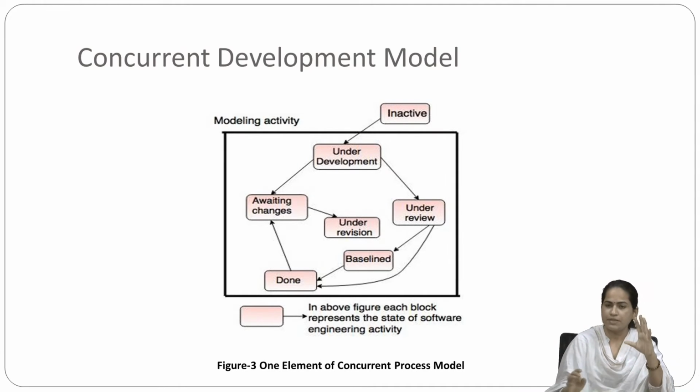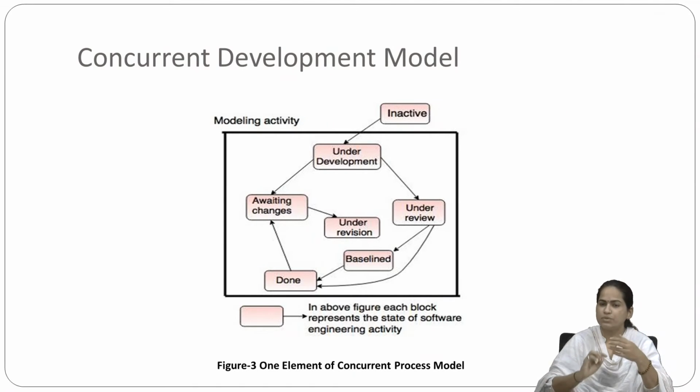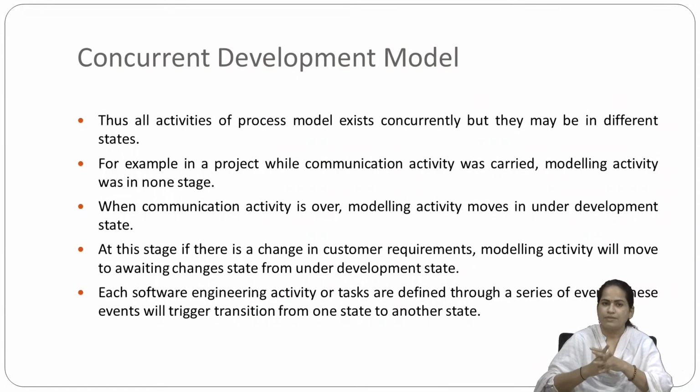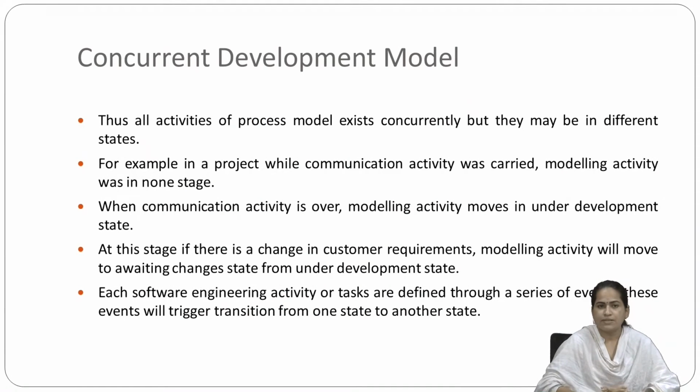This is a sample given to you for understanding how you can have different activities which are divided into steps, or we can say into states. So all activities of the process model exist concurrently, but they may be in different states.